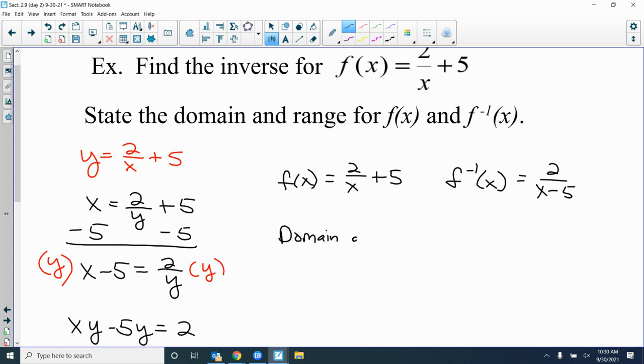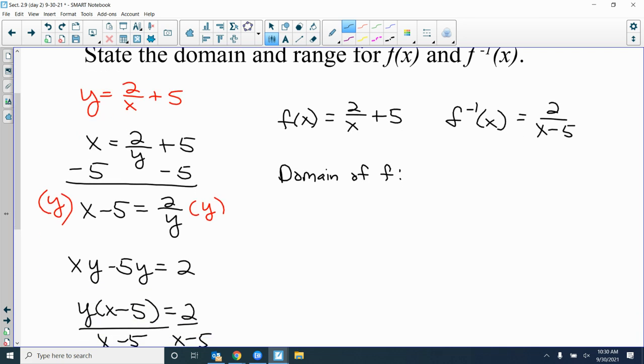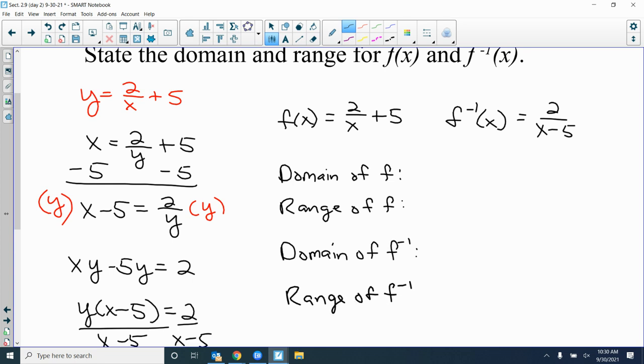The domain of f, range of f, domain of the inverse, range of the inverse.